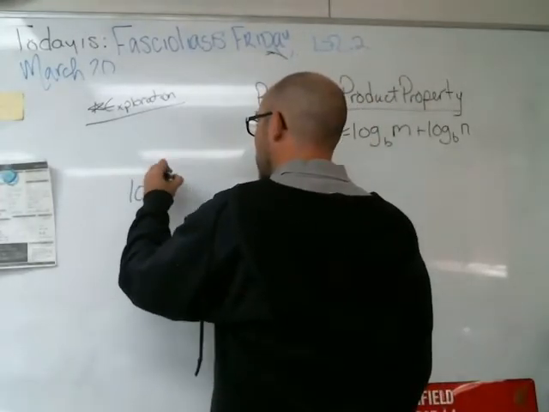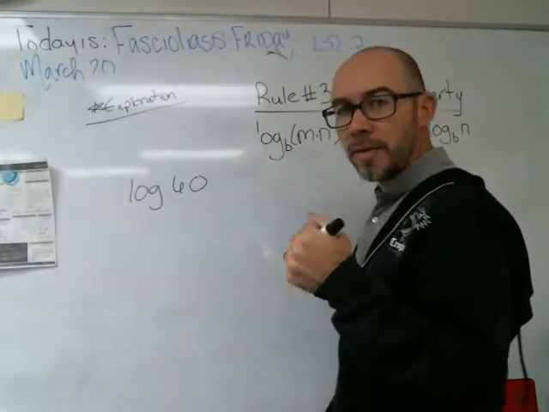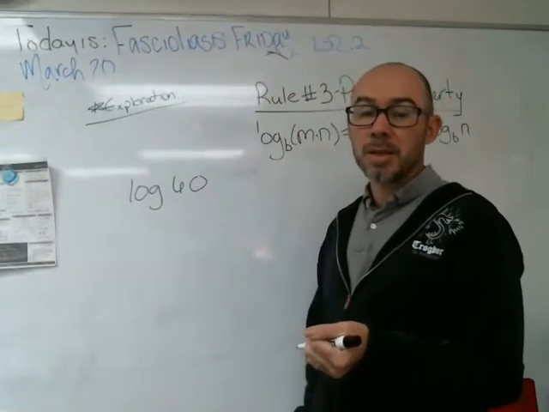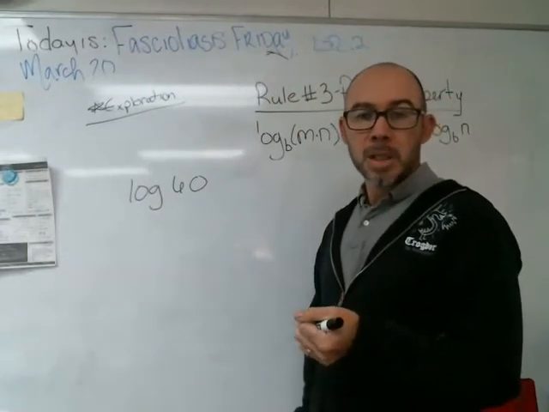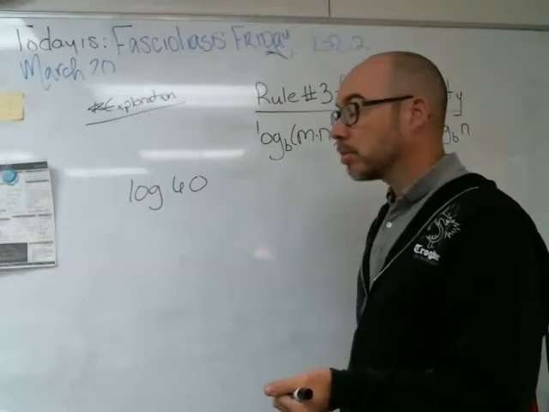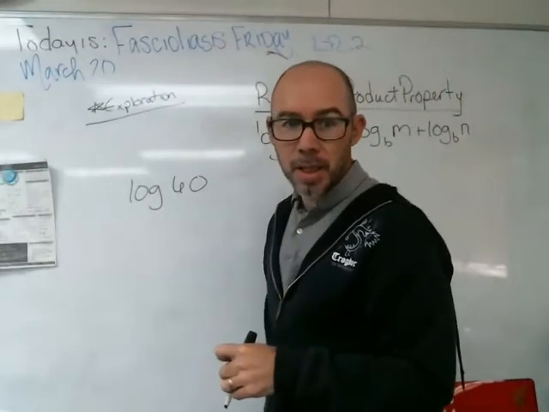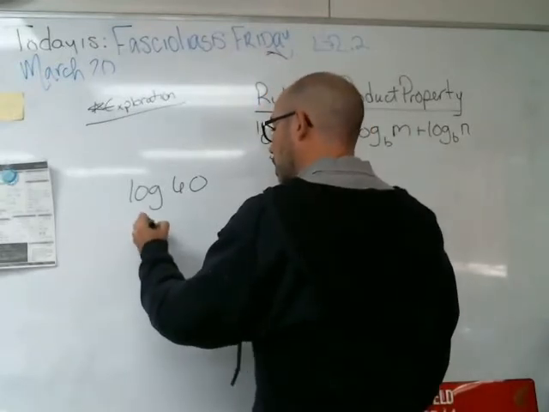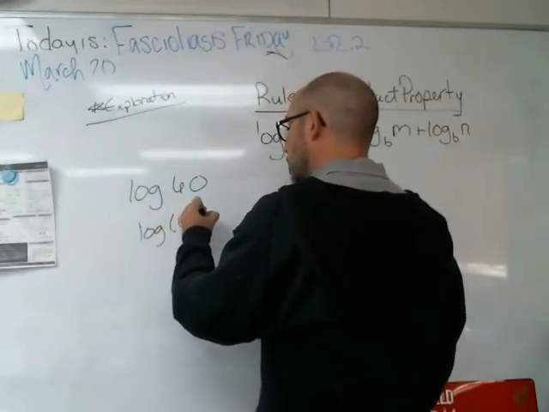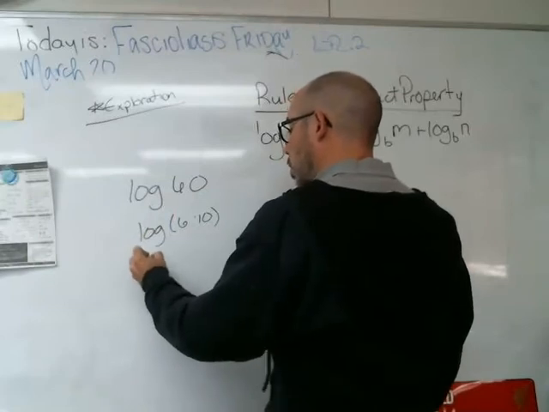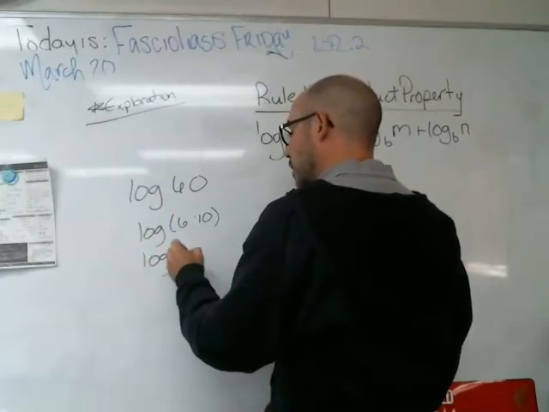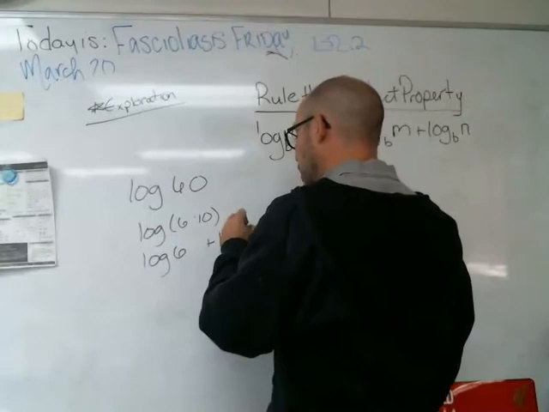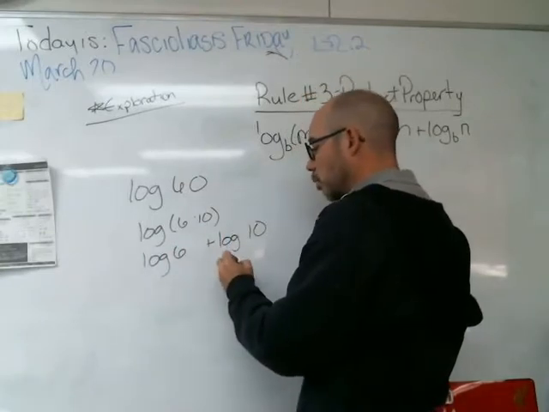You take something like log 60. We can find out some of the information about this answer, and then we would need a little extra help. This is base 10 because it just says log, so that's the common logarithm. I'm going to break 60 down into 6 times 10. So I'm going to have log base 10 of 6 plus log base 10 of 10. Log base 10 of 10 is 1.